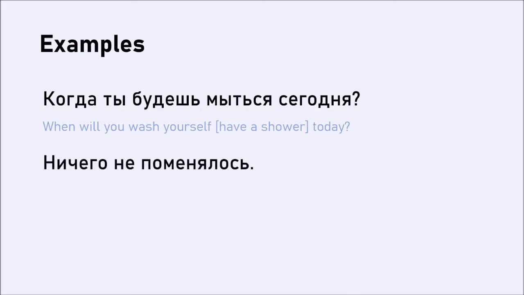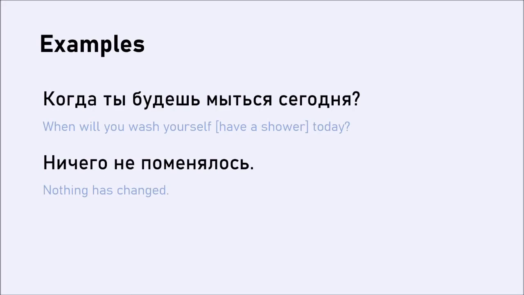Ничего не поменялось. Nothing has changed. First of all, remember that in Russian we use the double negative system. Please get used to that. Nothing hasn't changed equals nothing has changed, okay? We're adding on the prefix по here because we're using the perfective aspect of the verb.